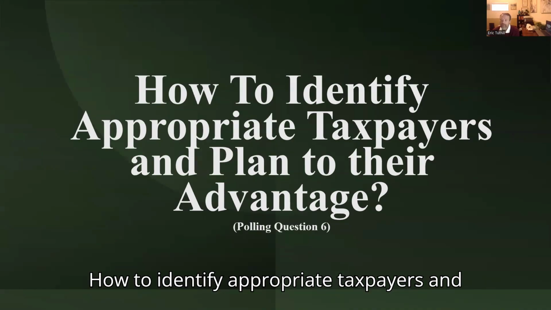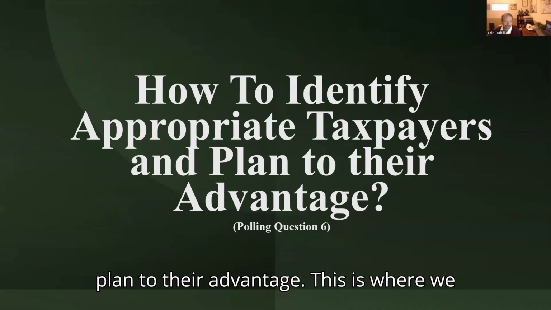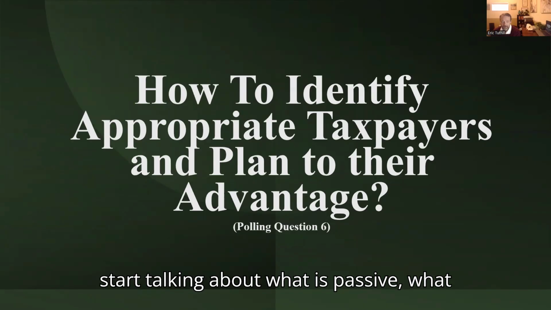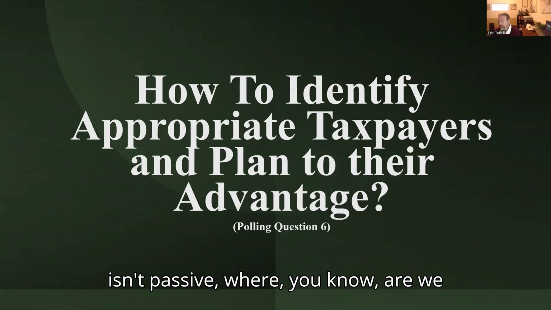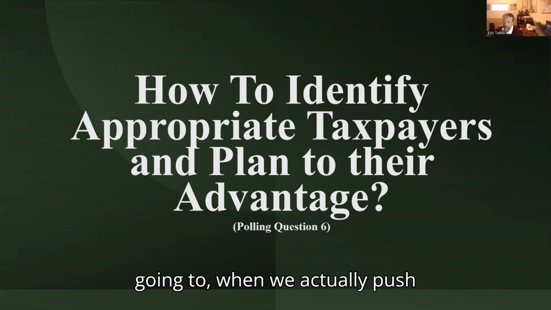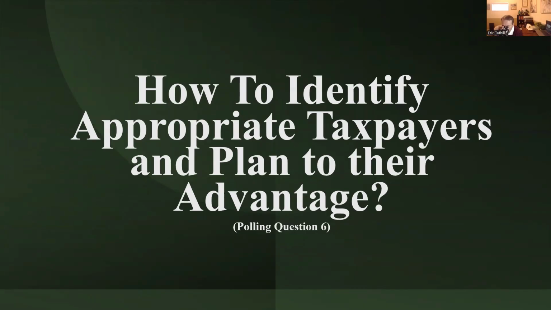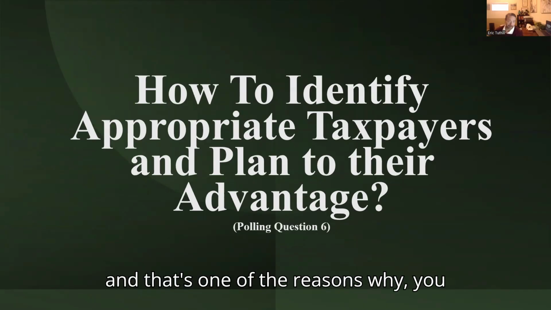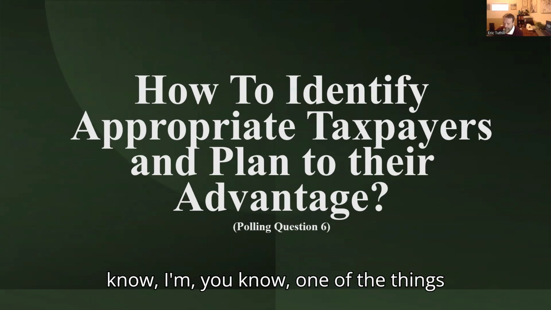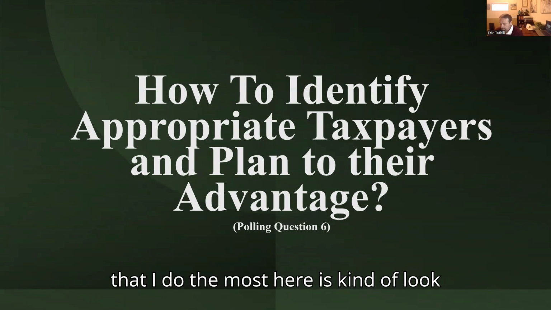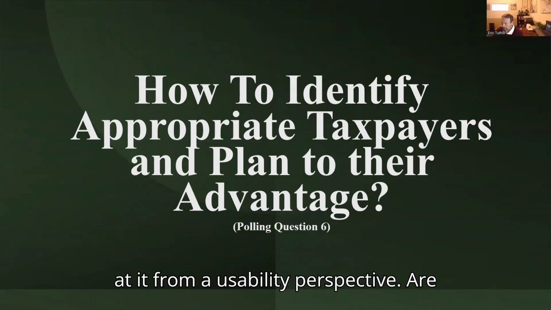How to identify appropriate taxpayers and plan to their advantage. This is where we start talking about what is passive, what isn't passive, and when we push everything down the line, are we going to meet an obstacle? That's one of the reasons why one of the things that I do the most here is look at it from a usability perspective.